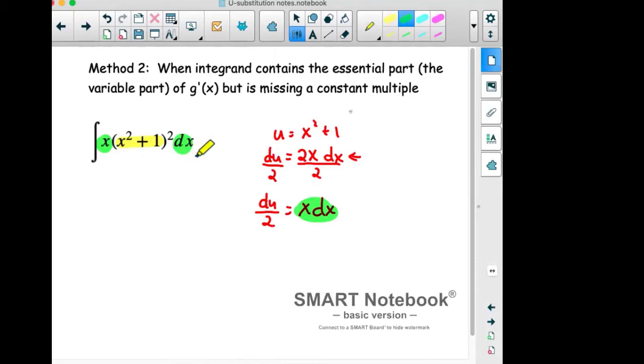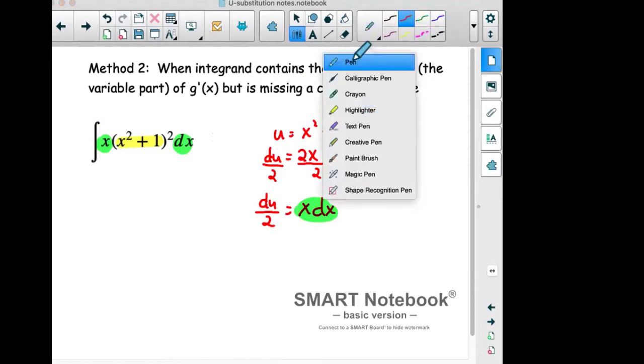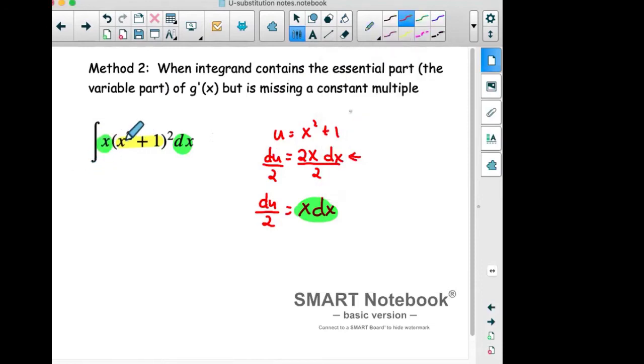So that's the extra step that happens when you're missing a constant multiple. And so now I can go over here. I can replace the yellow with u squared. And I can replace the green part, x dx, with du over 2. But I know du over 2 is the same as 1/2 du.